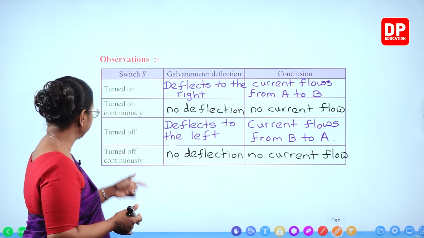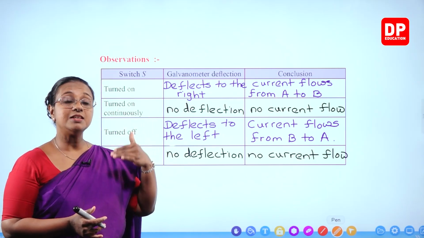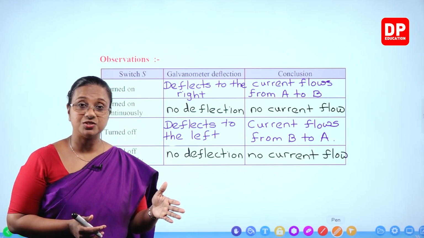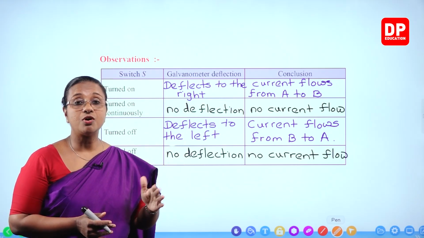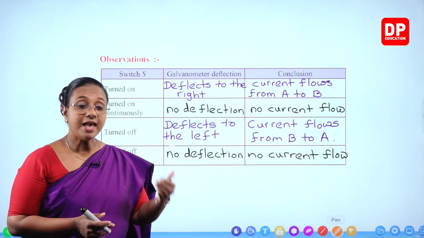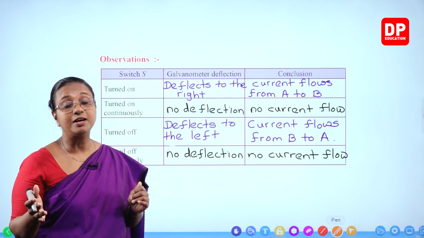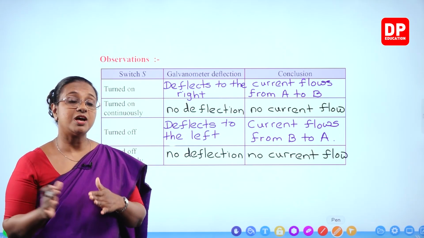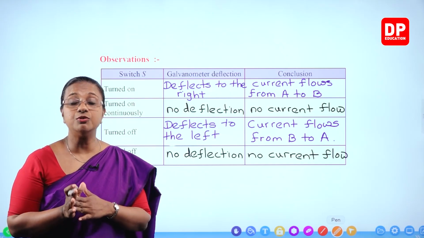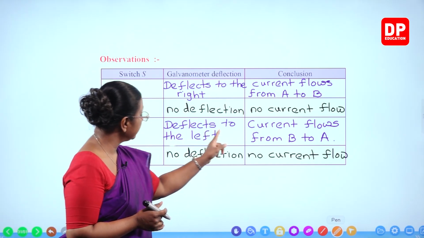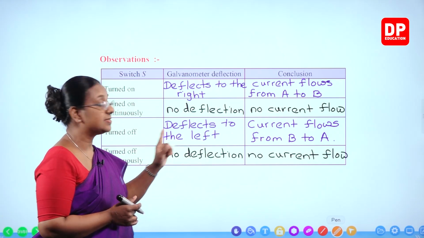But in the next step, as I turn off the switch, again there is no current supply to the first coil. Because of that, the magnetic field in the first coil changes. Therefore, there is a variation in the magnetic field of the second coil, and that gives rise to an induced electromotive force which makes a current flow. That is why you see a deflection, but this deflection is in the opposite direction.